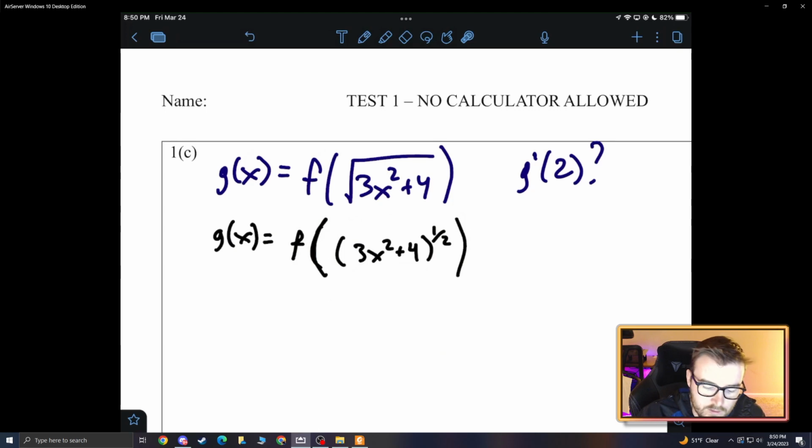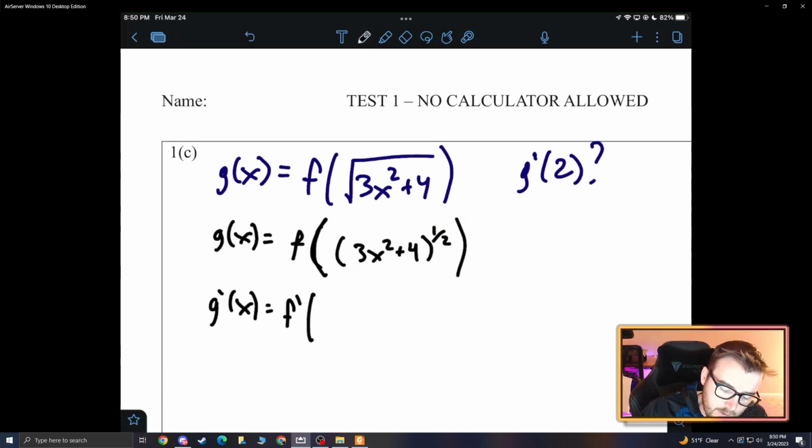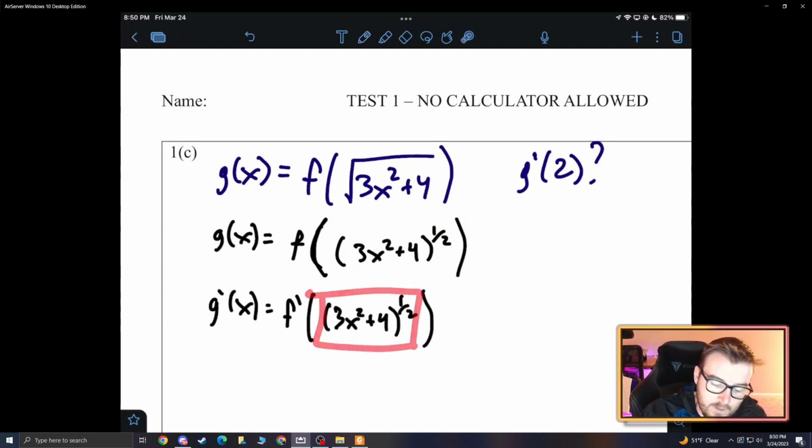3 functions. So when we take the derivative, you're first taking the derivative of the outside function and leaving everything else alone, and then multiplying by the derivative of the next inside function. So the derivative of the square root, which is the 1/2 power, that's simply a power rule.